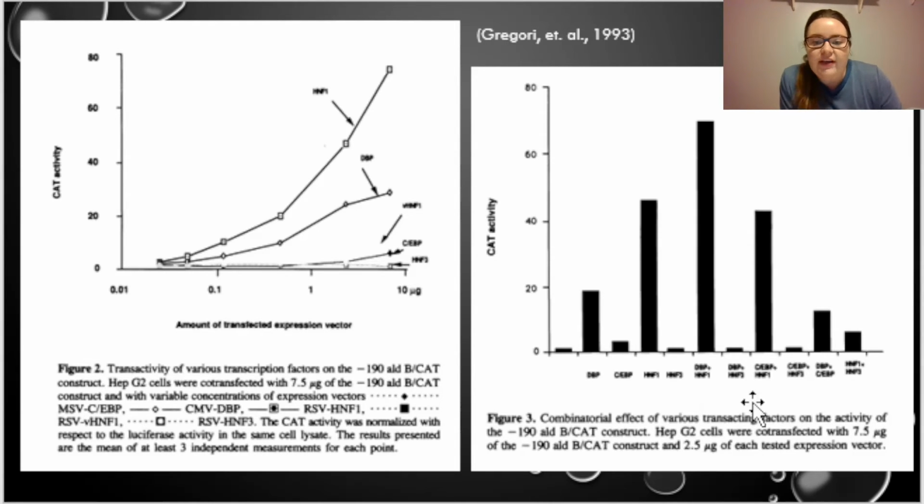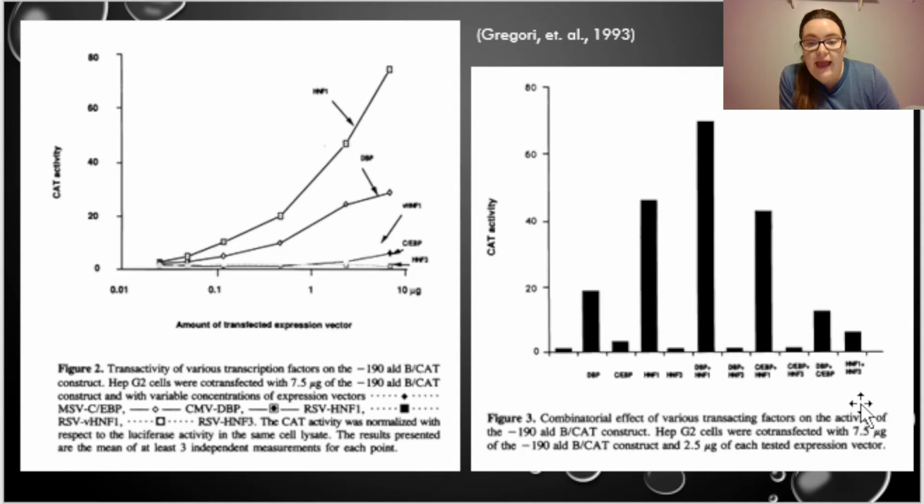Okay, now, if we look at anything that has HNF3 in it, which is the one that was very inactive compared to everything else, if we combine HNF3 with DBP, it is very, very low. So this is what DBP was by itself, and this is what it is with HNF3. So it goes down very, very low.